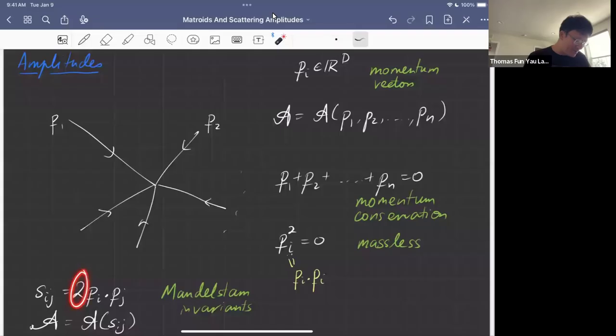The two is a historical thing. Instead of writing the answer in terms of a 4 by n matrix or a d by n matrix, I'm going to write it in terms of the dot products, which are called Mandelstam invariants s_ij. So now the task is to find this scattering amplitude, this function of s_ij.